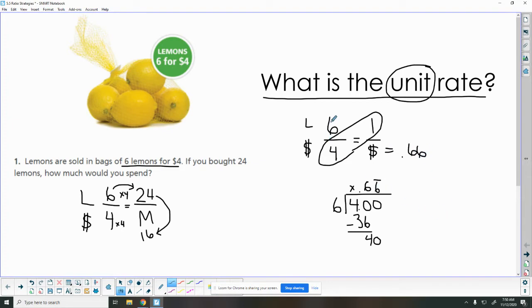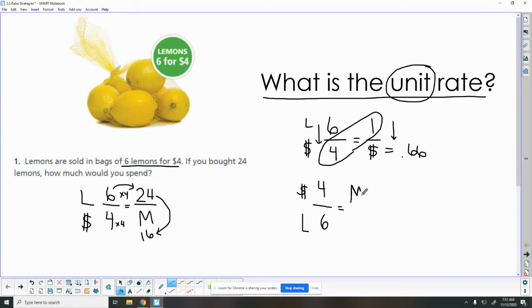So one thing I noticed is that when I set this up, I had my lemons on the top, my money on the bottom, and 6 was bigger than 4, and 1 is bigger than 0.66. So that ratio stayed the same with the bigger number on top. Let's take a look and see what would happen if we set it up the other way. So let's put money on the top and lemons on the bottom. So I spent $4 and got 6 lemons.